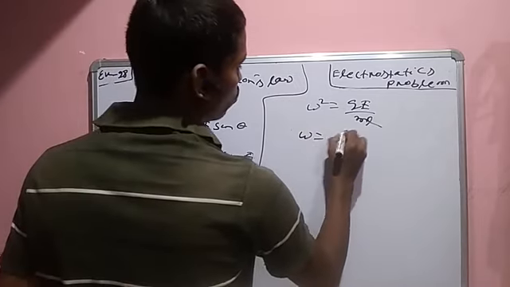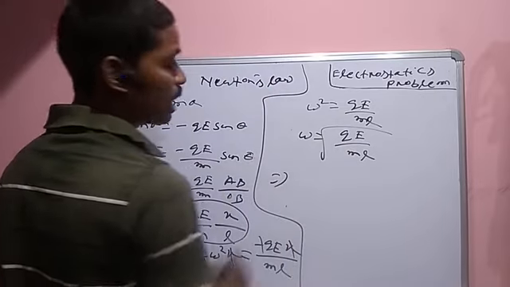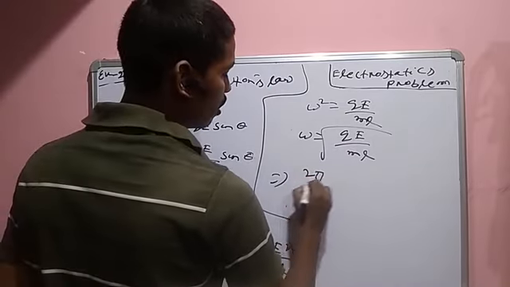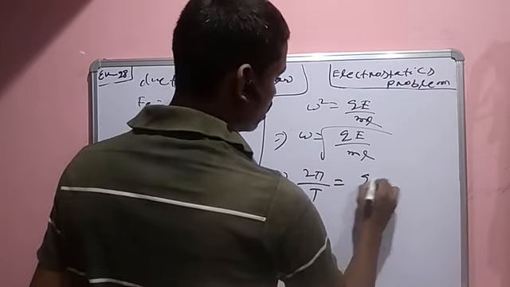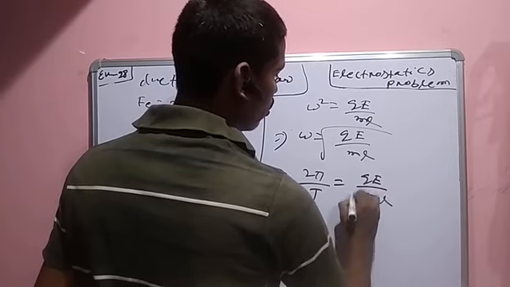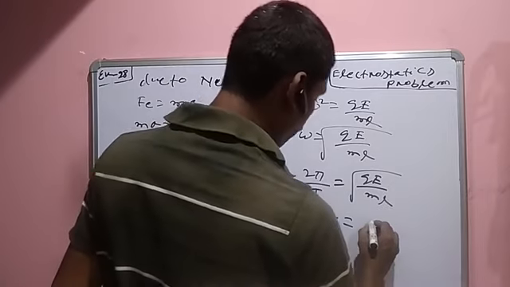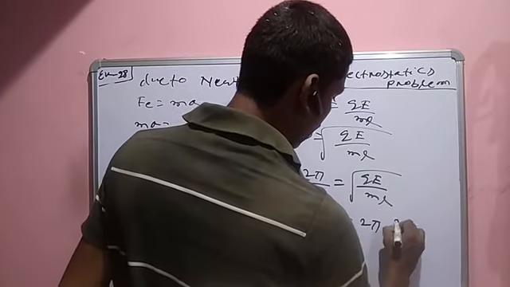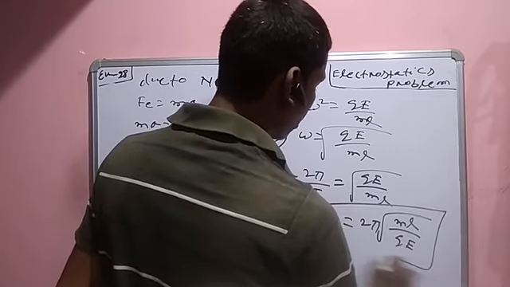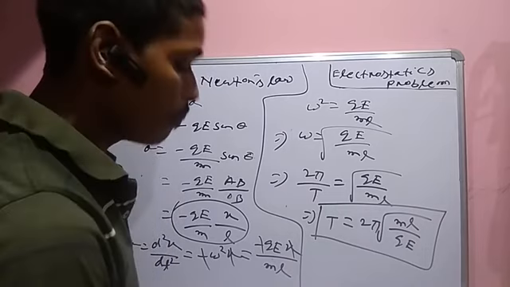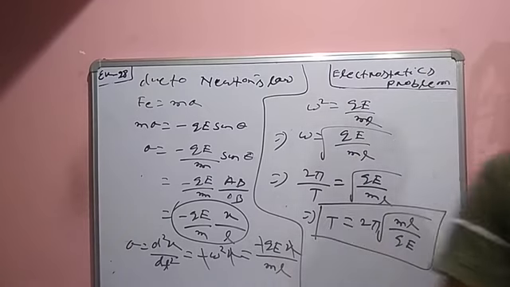Then omega is equal to root over QE by ml, but omega is equal to 2 pi by T. We have already known 2 pi by T is equal to root over QE by ml. Then T is equal to 2 pi root over ml by QE. This is the time period of oscillation. This is the final answer of your doubt question. Yes or no? So next question.